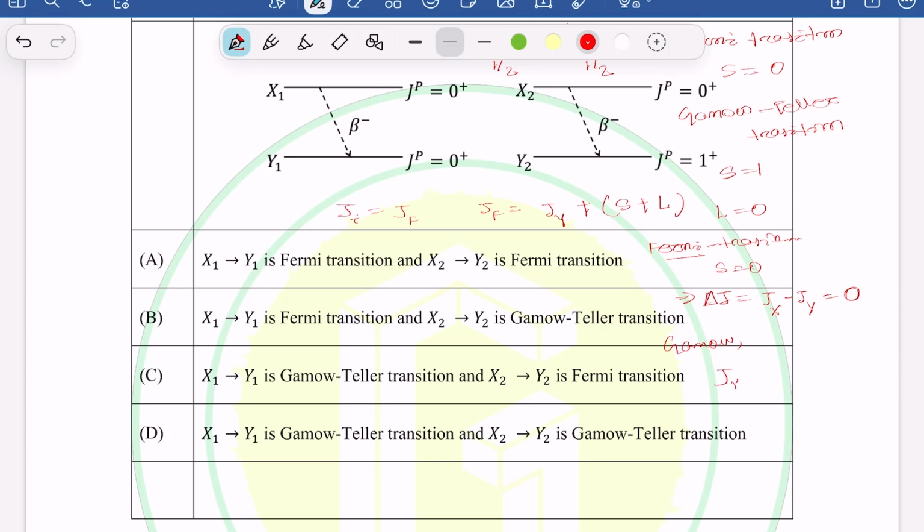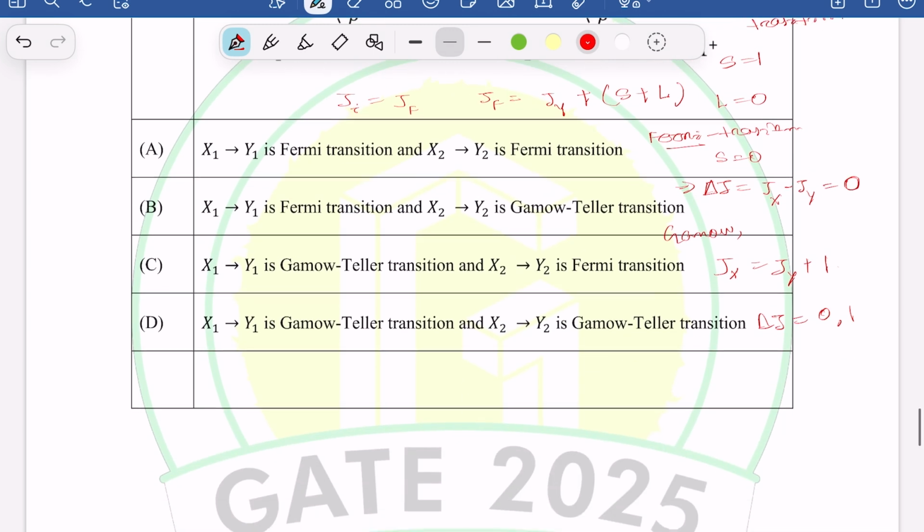So delta J could be either 0 or 1. If delta J is equal to 0 or 1, then it could be an allowed Gamow-Teller transition, except when J x is equal to J y is equal to 0. In this case, only Fermi transition can contribute.